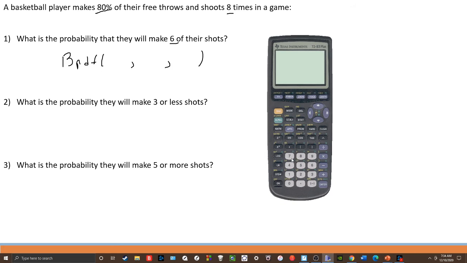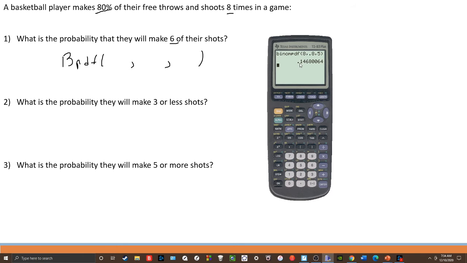If you don't remember, it's found under distribution, so second vars. We want a binomial PDF, which is right here, about the 10th option down or so. And let's see here. We're going to shoot 8 times. We have an 80% chance to make it, and we want to make 5 shots.